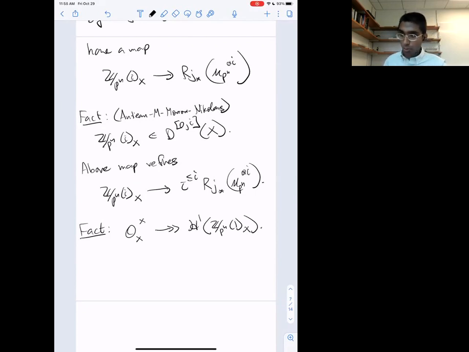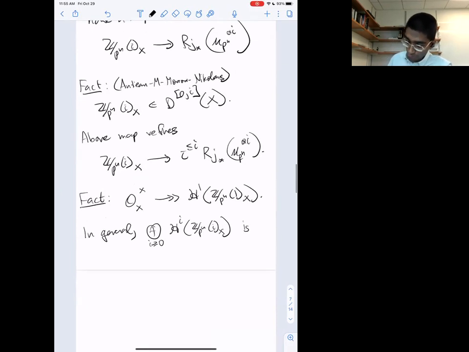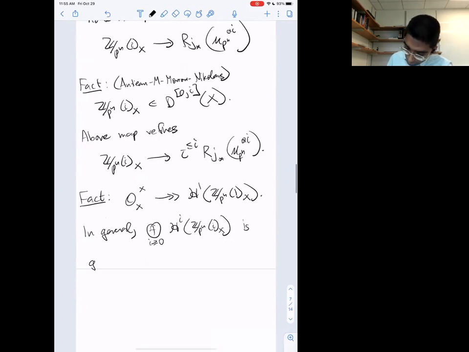And in general, what happens is that these top degree cohomologies are always generated by H^1. So in general, this direct sum over all i greater than or equal to 0 of the top degree cohomology of Z/p^n twisted by i on X is generated in degree 1.